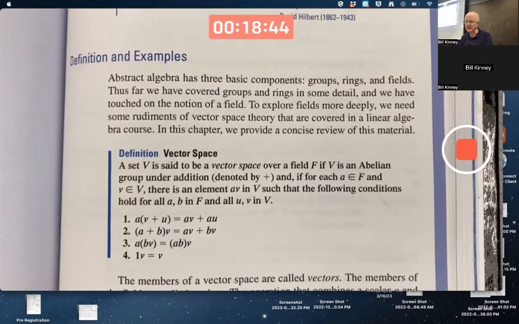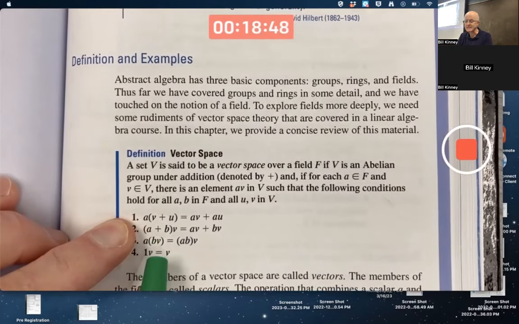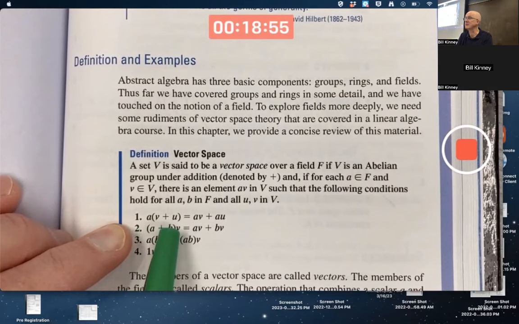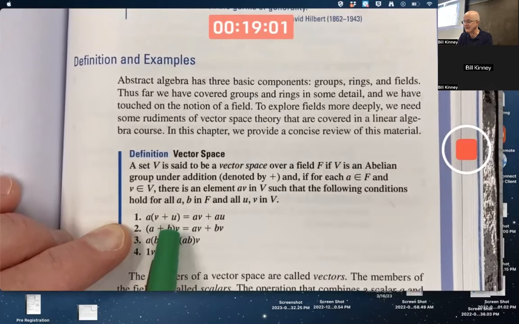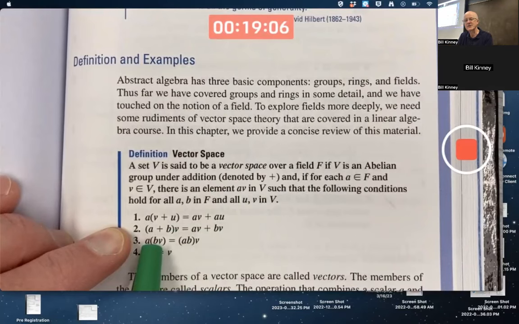What properties does scalar multiplication satisfy? Distributive properties, 2 of them, in fact. This is a scalar being distributed over the sum of 2 vectors. A times the sum of the 2 vectors, V and U, V plus U, is A times V plus A times U. But you can also distribute a vector, so to speak, over the sum of two scalars.